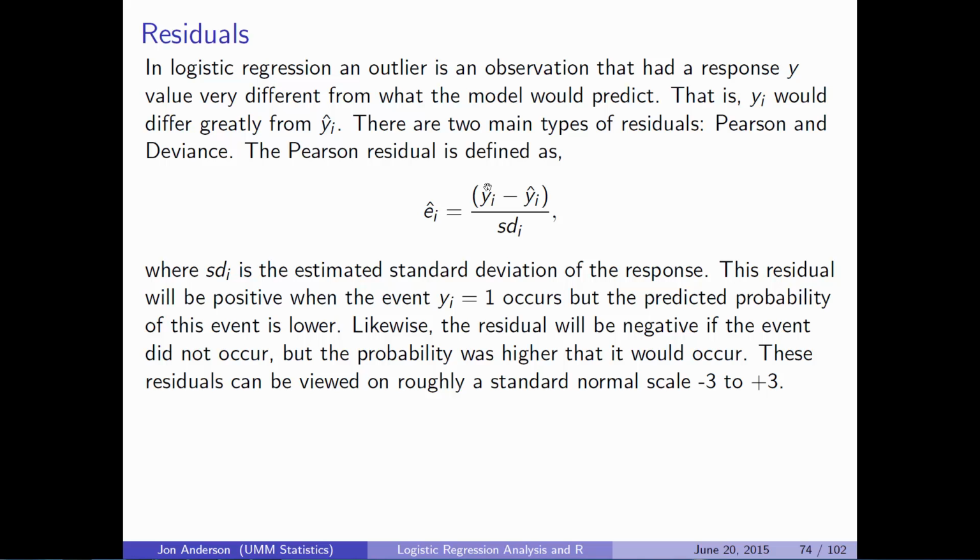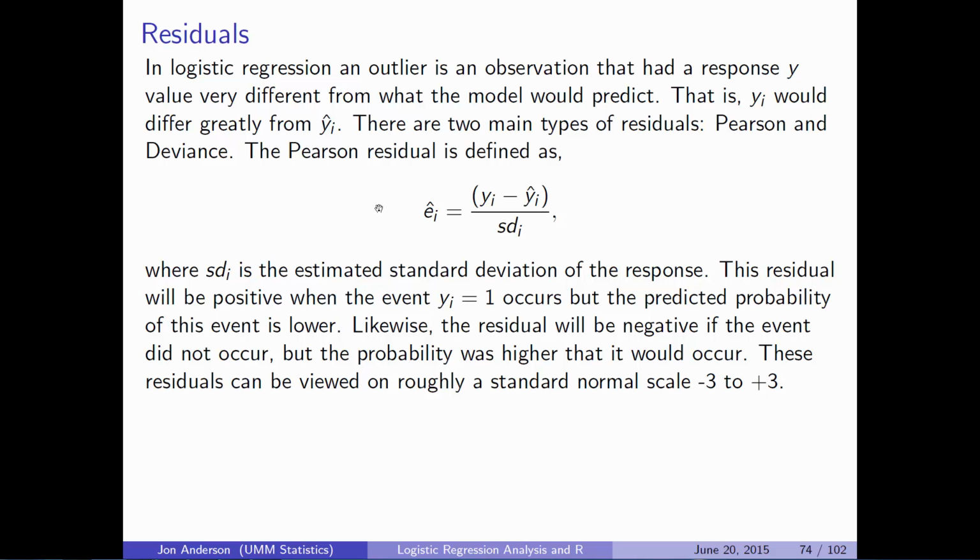So a residual, if it's an event, will typically be 1 minus a predicted probability, which might be fairly large, and you'll get a positive residual for events. For non-events, you'll typically get a negative residual, and Pearson residuals basically fall on a -3 to +3 normal scale, because we're dividing by something that's roughly a standard deviation.